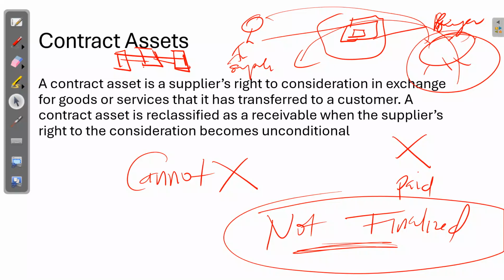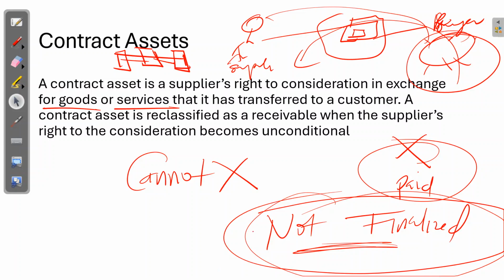So a contract asset refers to goods or services that we have delivered to the customer, where the customer has not paid and the contract has not been finalized. Once the contract is finalized, it becomes a trade receivable or an account receivable.